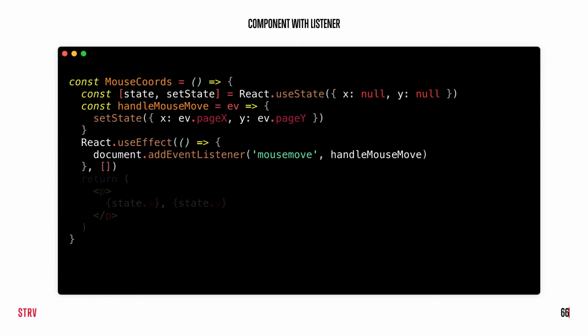With this, we make sure this listener only runs once. But what we're doing is adding an event listener to the global document, and then we're gonna return some HTML with the X and Y coordinates. This is all good, this is great.